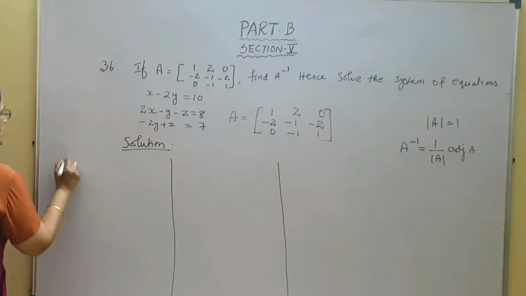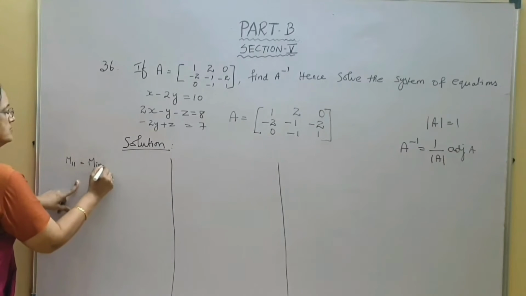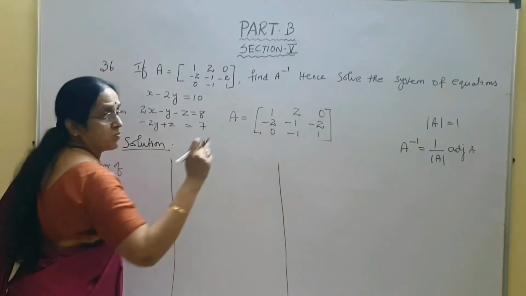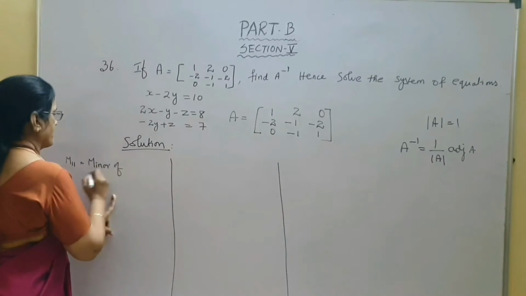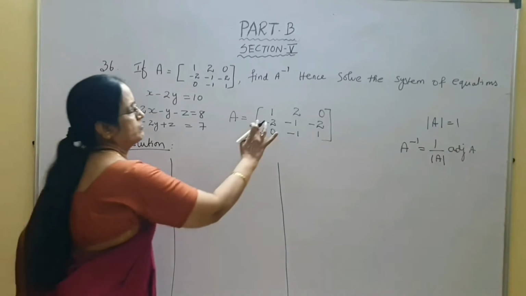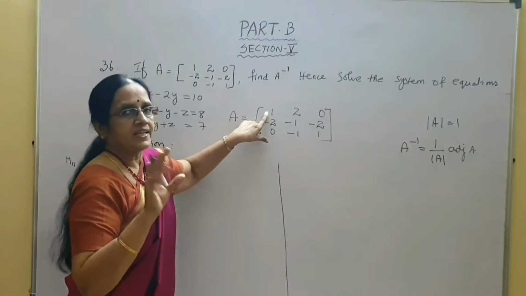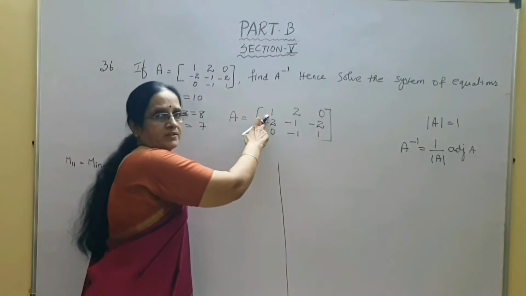First, M11, which is nothing but minor of the element small a11, which is 1 over here. That is nothing but, leave the first row and the first column. Only then in that intersection you are having that element a11.